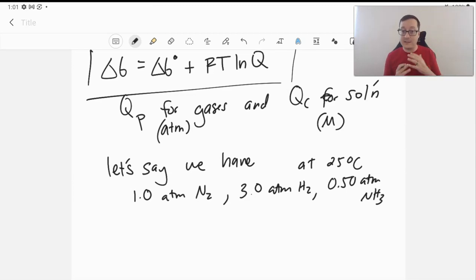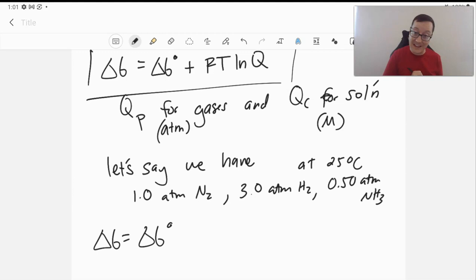So this is not necessarily equilibrium. We don't know that, right? I'm just going to say we're not at equilibrium, so we're just going to use Q. With this in mind, delta G would be equal to delta G at standard conditions plus our RT.